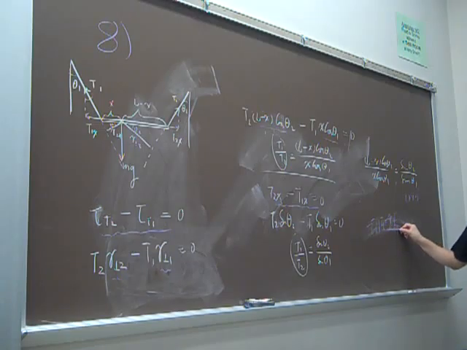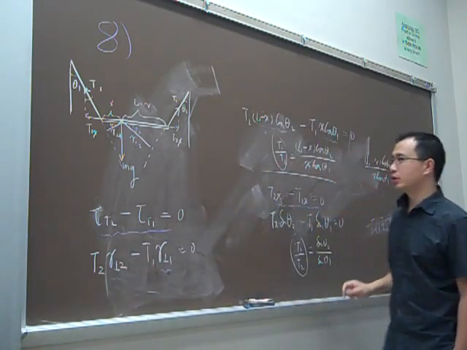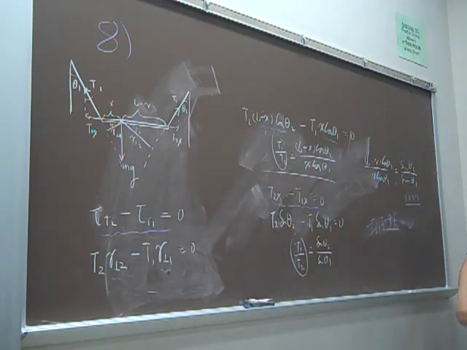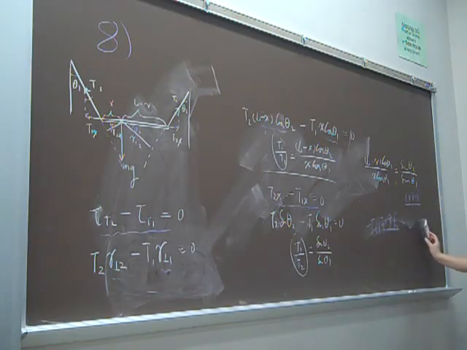This is just a scalar equation. You can write it in any way. Okay, that makes sense. This one is different because you want to figure out the direction from the cross product. But here I already figured out the direction, because that's a single direction.